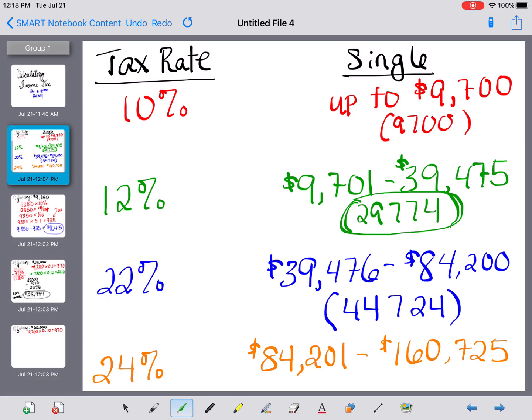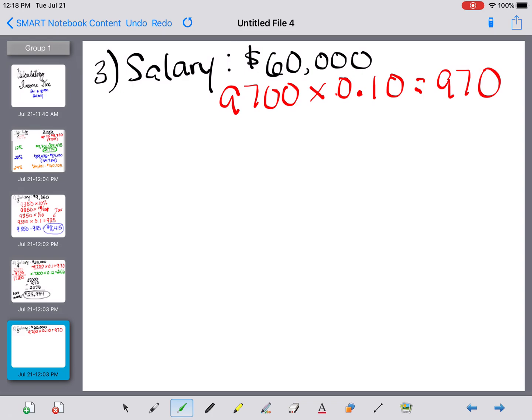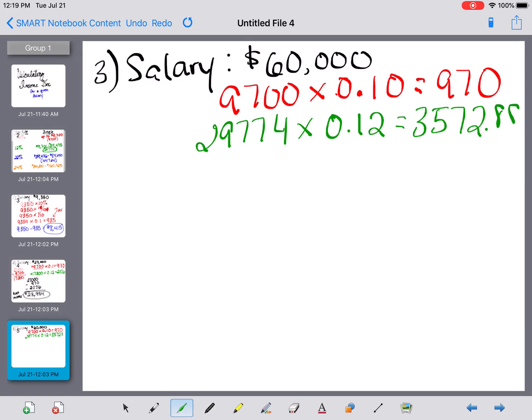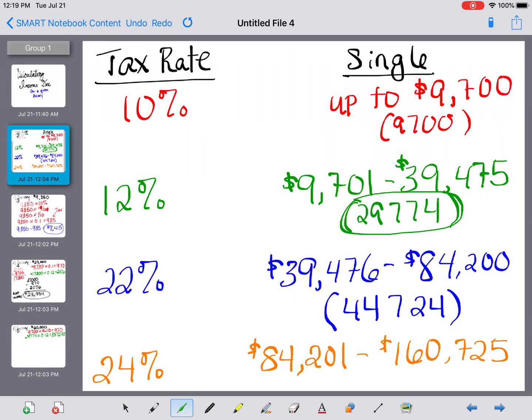So I'm going to have 29,774 at, I think, 12%. Yes. So 0.12, which gives us $3,572.88.